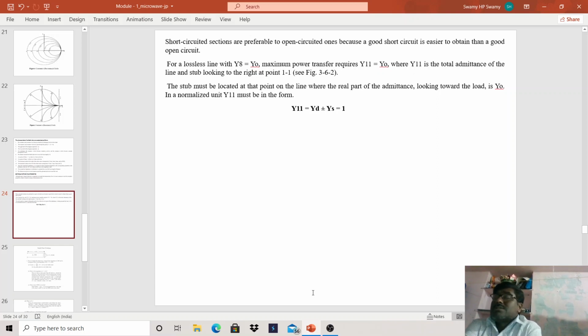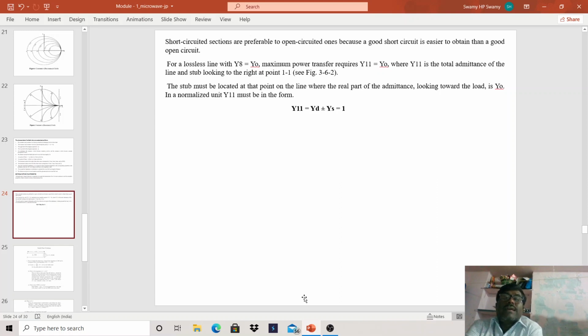So usually for calculation, short circuit conditions are preferable.